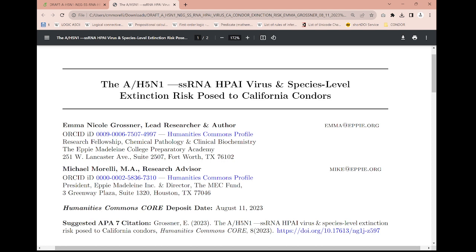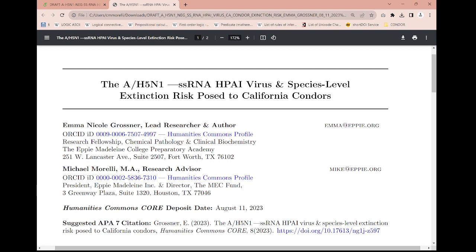So hemagglutinin is a surface level protein that offers the virus a chance to attach to a host cell and gain entry to that cell. Okay, so hemagglutinin breaches the cell wall, and it allows the virus to get inside the host cell, and then neuraminidase is what allows the replicated budding virus, the new virus, to escape the cell.